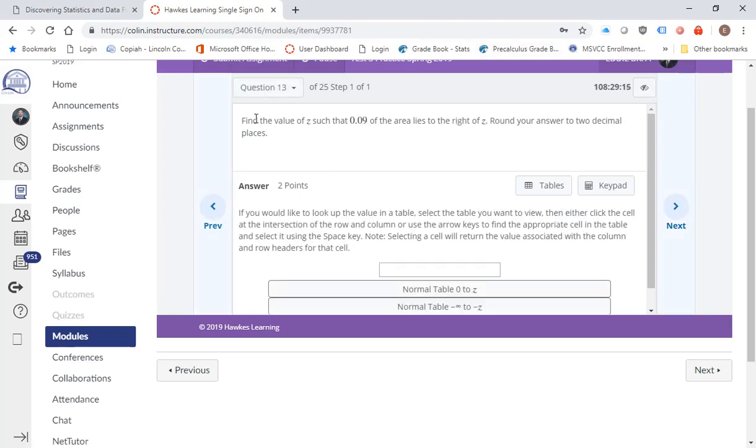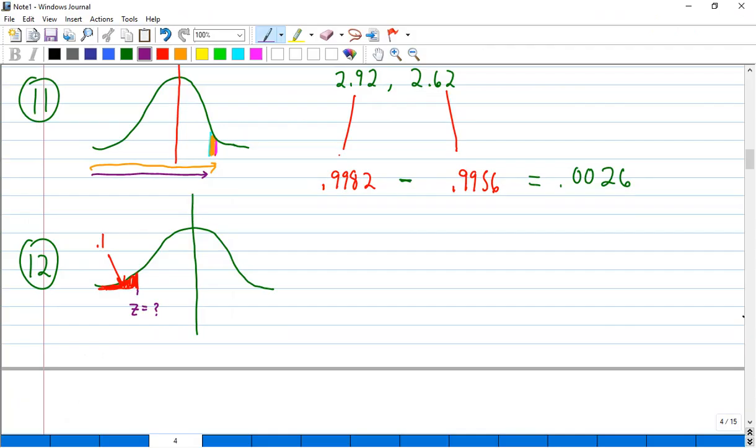Now on this problem, it's the same type of problem, but it says find the z-value such that 0.09 of the area lies to the right of z. The last one was to the left of z. This one is to the right of z. So here's what I'm trying to figure out. Let's say I have my standard normal curve. Alright.